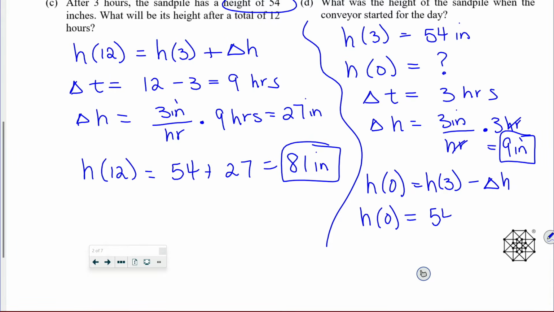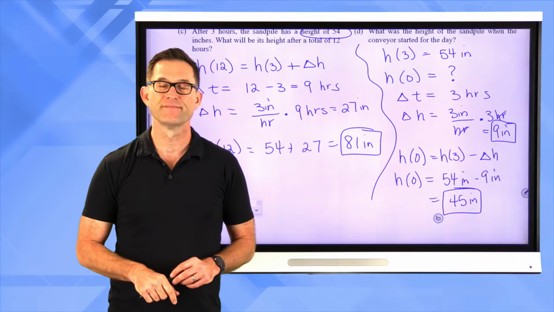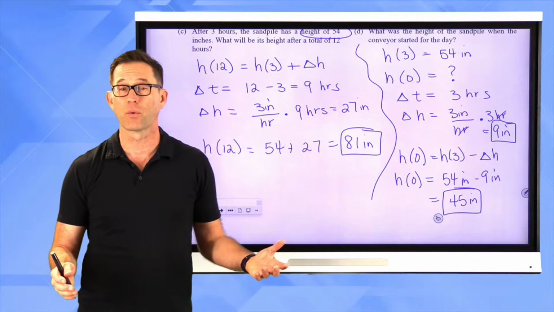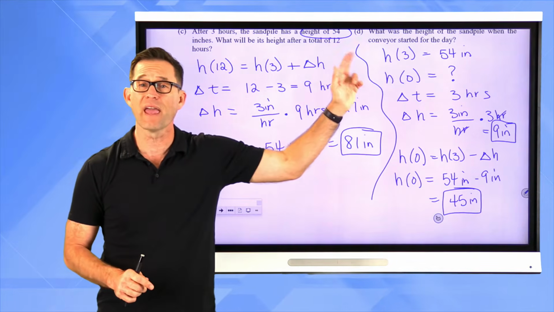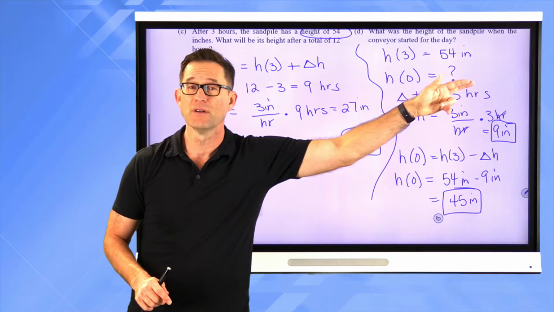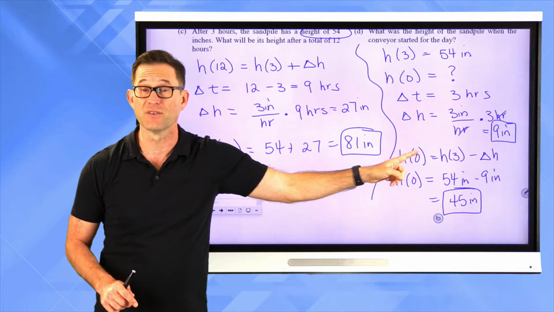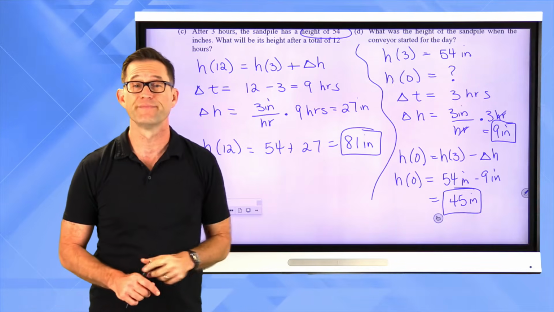That's going to be 54 inches minus 9 inches, and that means we must have started the day with a height of 45 inches. All right, so we had to kind of go backwards. And if you wanted, you could set it up as h of 3 equals h of 0 plus delta h, which means that h of 0 equals h of 3 minus delta h, which is where we are down here.